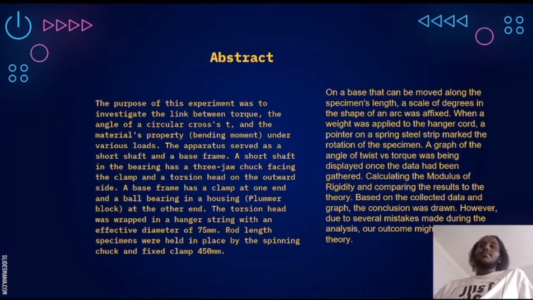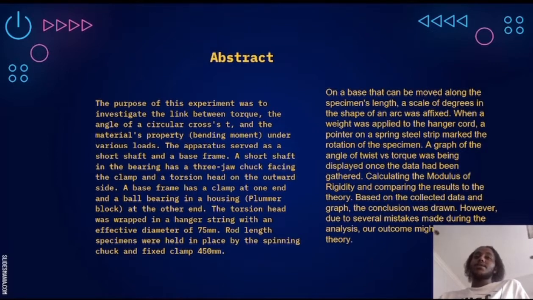Abstract: The purpose of this experiment was to investigate the link between torque, the angle of twist of a circular cross-section, and the material properties under various loads. The apparatus consisted of a short shaft and a base frame. The short shaft in the bearing has a three-jaw chuck facing the clamp and a torsion head on the outward side.